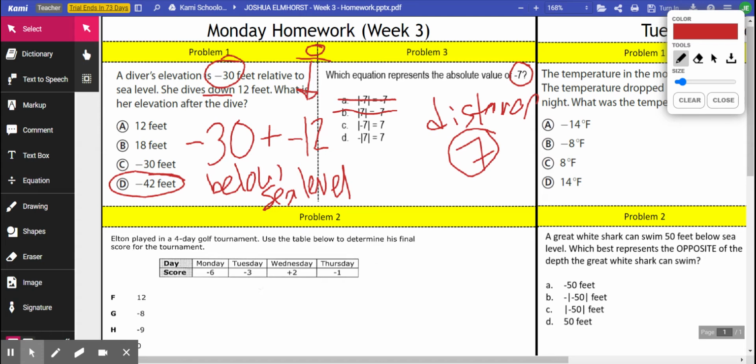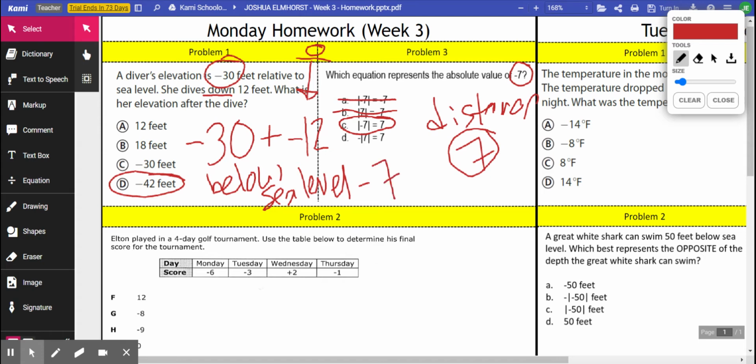Well, in one of them the negative sign is outside of the absolute value, and we haven't really taught that just yet. So C would be the correct answer. But the absolute value inside the symbols is 7.